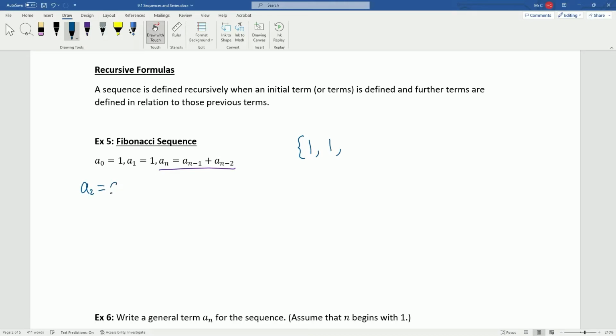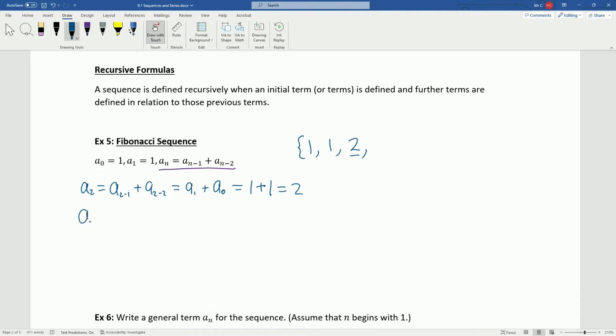A2 equals A(2 minus 1) plus A(2 minus 2). But A sub 2 minus 1 is really just A1, and A sub 2 minus 2 is really just A0. And I already know what those are. That's 1 plus 1 is 2. I'll underline each of the new terms in our sequence expression here.